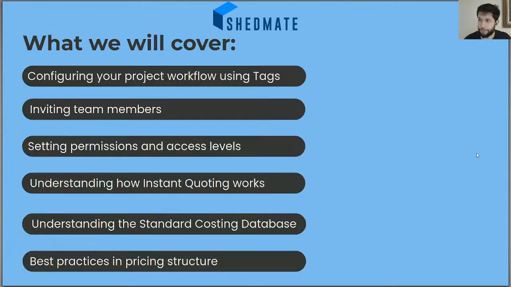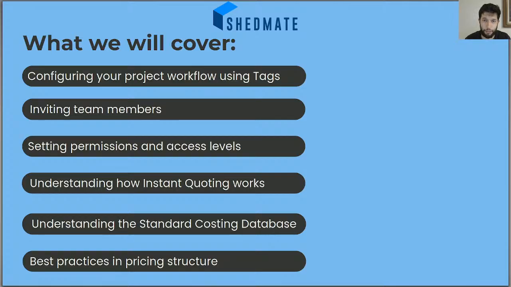First, I will mention what we will cover today, or what we will try to cover. If we don't cover all the points, we will make sure that next week we will cover them. What we will cover: configuring your first project workflow with tags. I will demonstrate an example of how tags work. This is related to the project workflow and project administration, a really simple feature that can help you a lot. The second thing will be inviting team members.